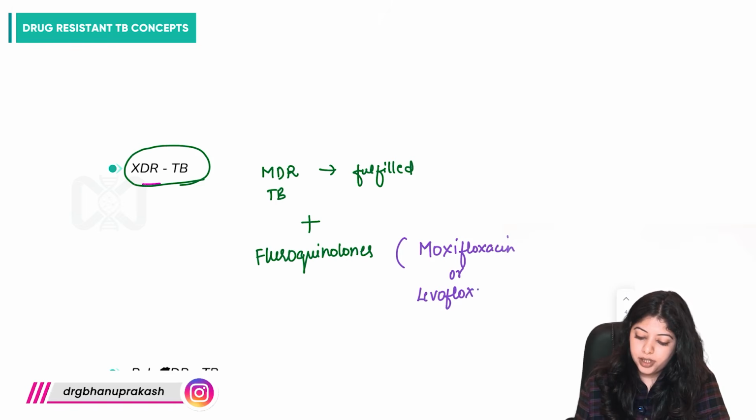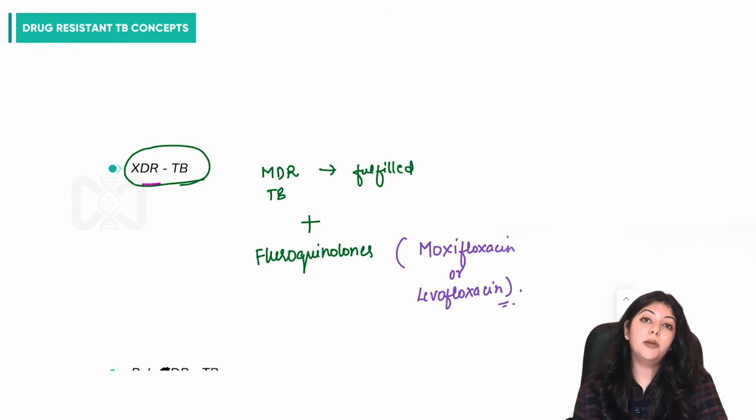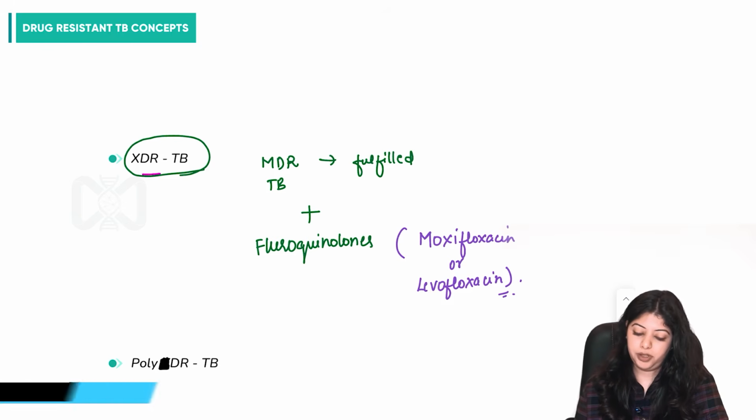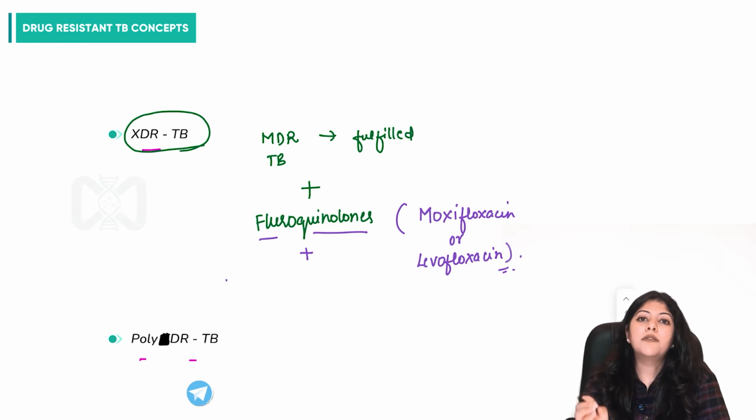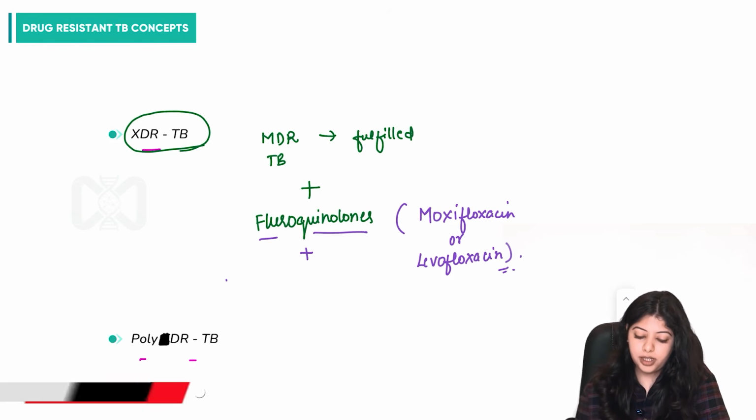Why only these drugs? Because these are the drugs included in the national guidelines for TB treatment. Along with that, there is going to be resistance to other drugs included in group A. And what are those drugs?